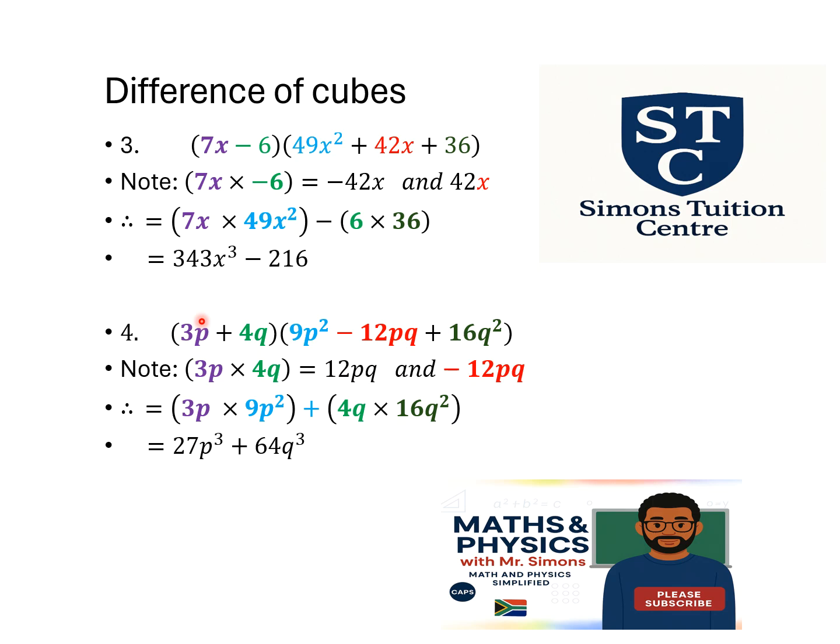So from there, 3p times 9p squared, positive times positive stays positive, 4q times 16q squared. So 3 times 9 is 27, p times p squared gives me p cubed, 4 times 16 would give me 64, and then q times q squared, q cubed.